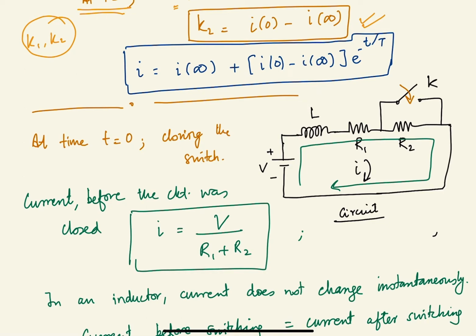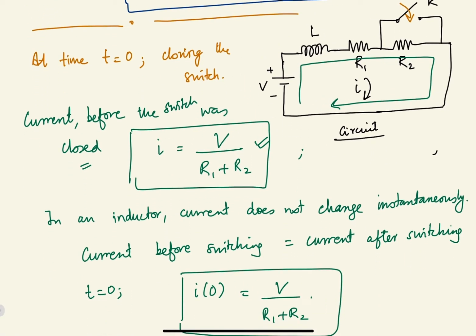so what can we say? That the current before the switch was closed has the value V divided by R1 plus R2, because the inductor will behave as a short, and only R1 and R2 will be the two resistors connected in the circuit.